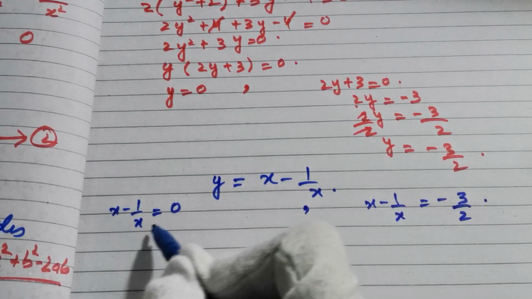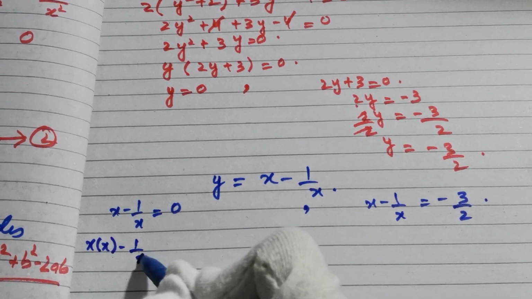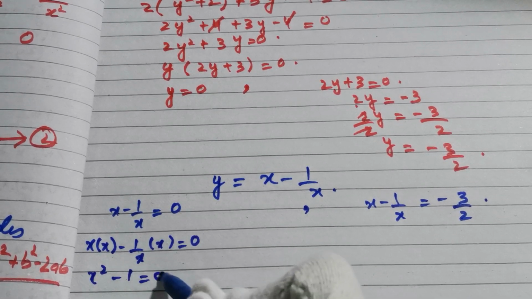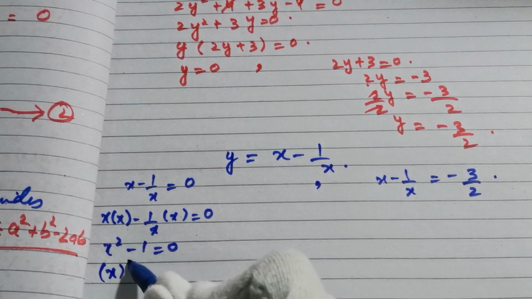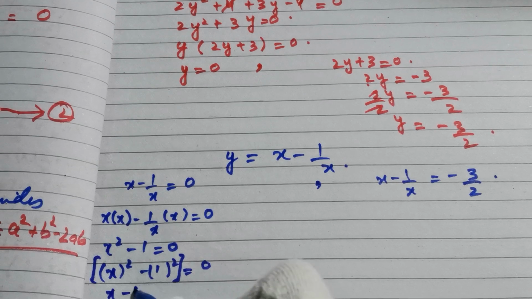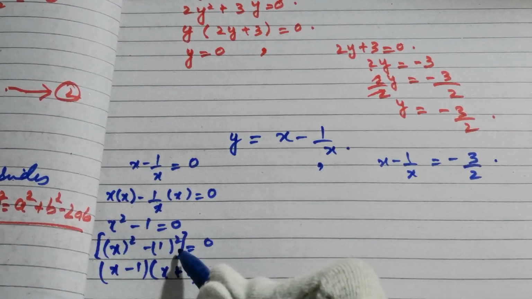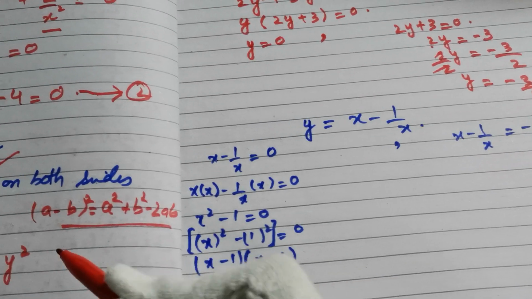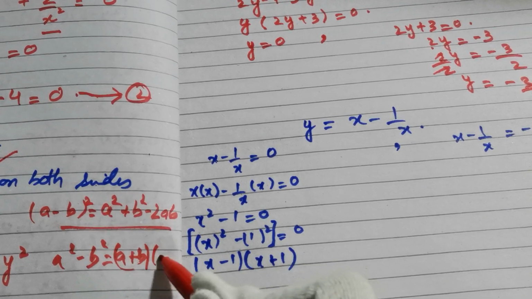Taking the LCM, we multiply the whole equation by x: x square minus 1 equal to 0. So x square minus 1 square is equal to 0, so x minus 1 and x plus 1. Here we apply the formula a square minus b square, which gives a plus b into a minus b.